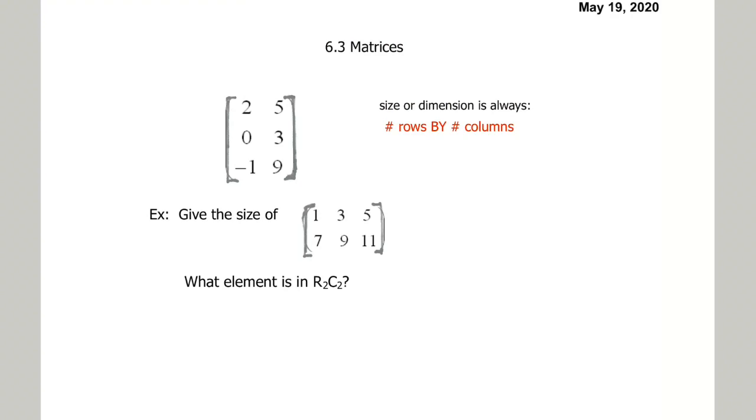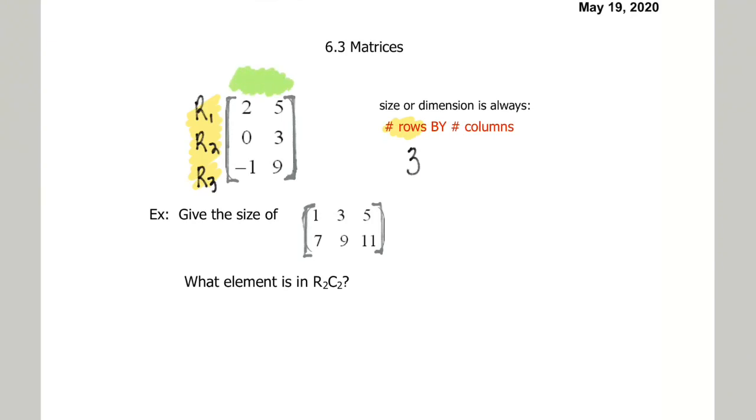Now, the size or dimension of a matrix is always the number of rows. So we have rows: row 1, row 2, row 3. Row 1 goes across from left to right, then row 2 and row 3. So the number of rows, that would be 3, by the number of columns.